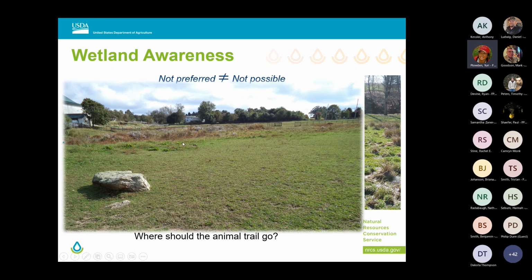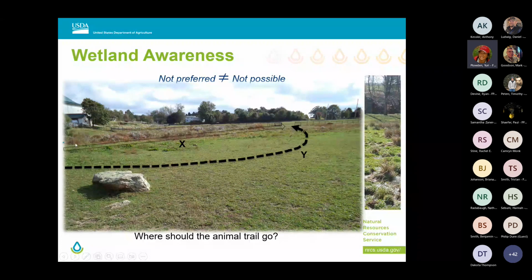Again, something looks different here. It looks like we might even have a little bit of sedges, definitely something different's going on there. So this may be the preferred path, this arrow here, but this is the path that it should go because this avoids the wetland completely.